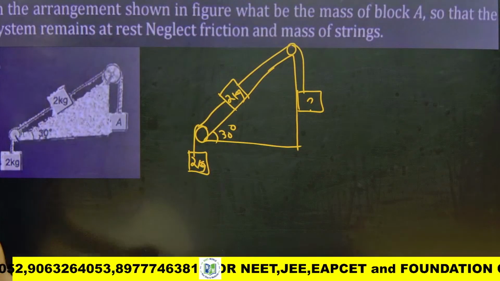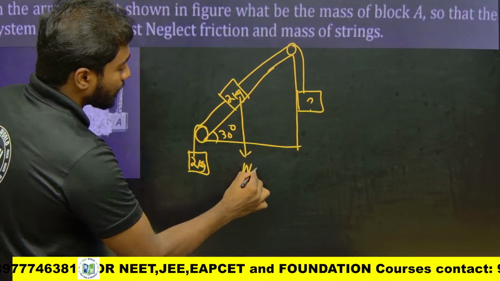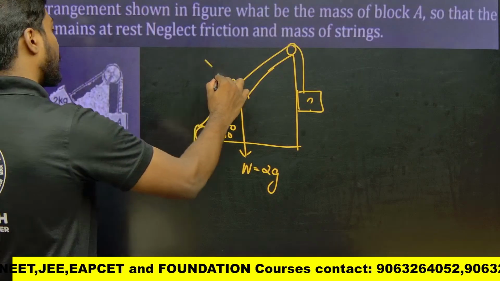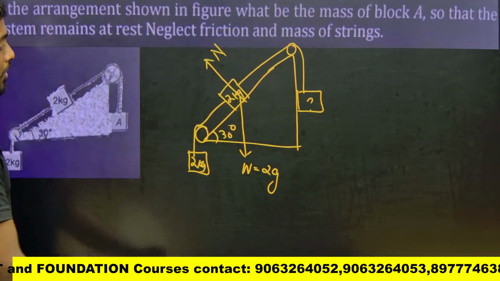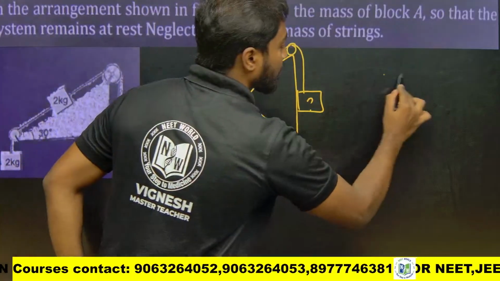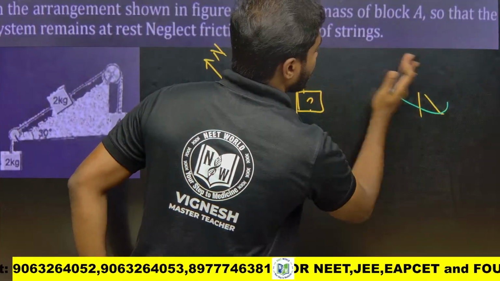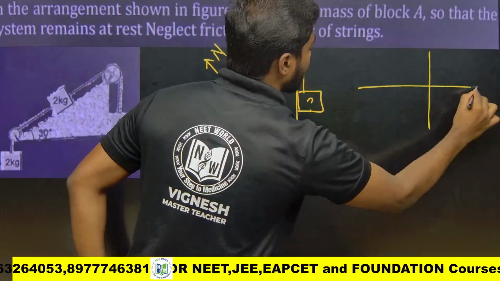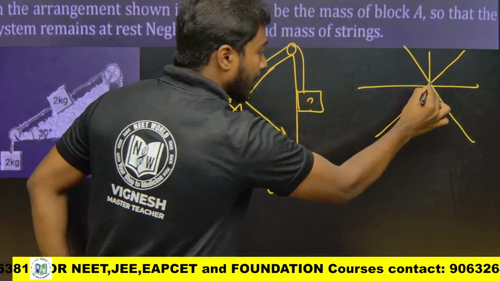Okay. If I see here, this one will be my weight, that is 2g, and this is my normal, right? This is N. Now if I take the components, we have seen before how to take the components. So better draw lines like this, and wherever you see the angles, mention the same angle.